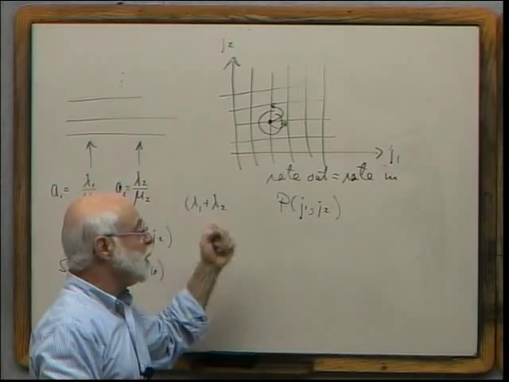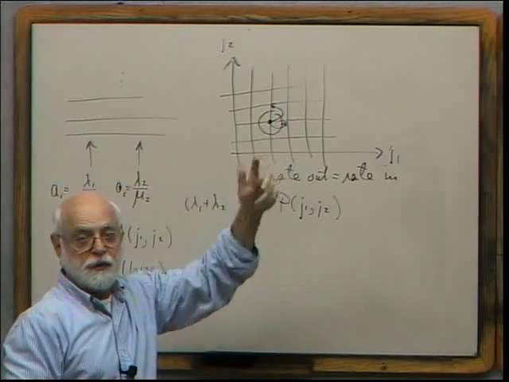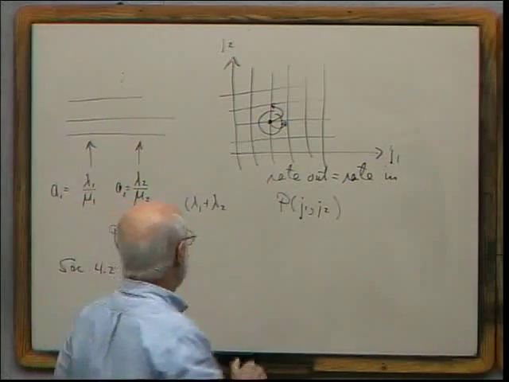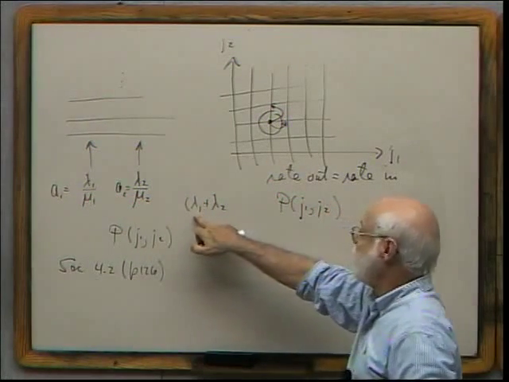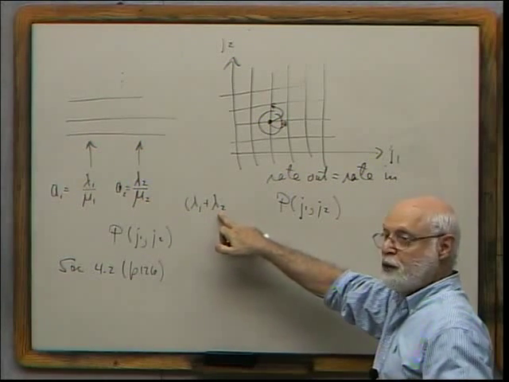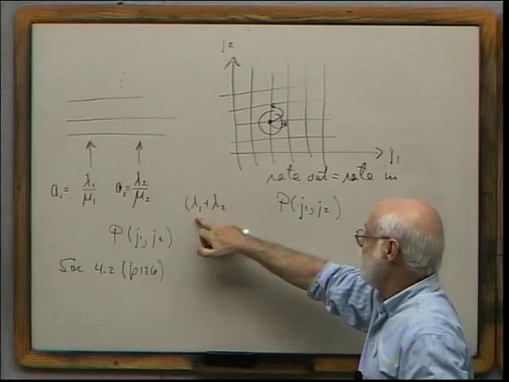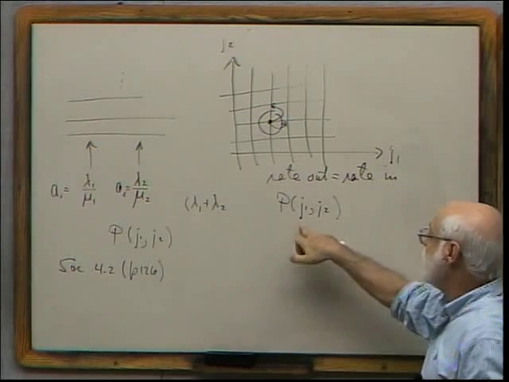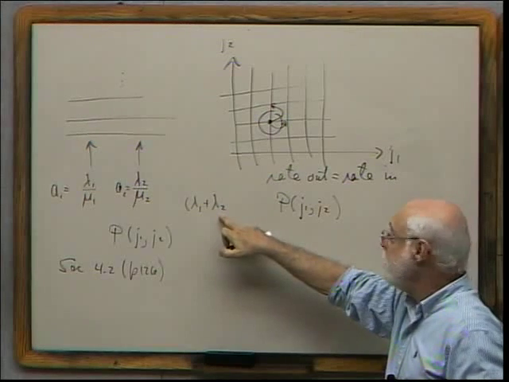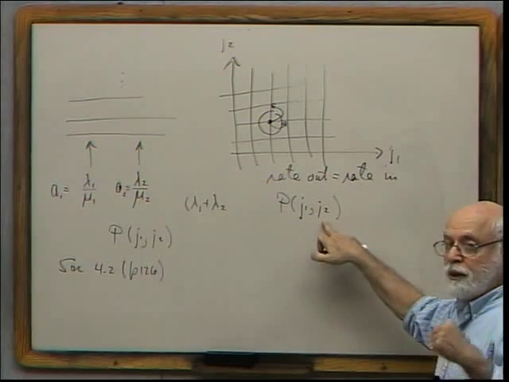So now I'm going to have the rate at which I go out a step. So this is the rate at which customers from stream 1 arrive. This is the rate at which customers from stream 2 arrive. And of course, a customer from stream 1 arriving will make J1 be J1 plus 1. A customer from stream 2 arriving will make J2 go to J2 plus 1. Likewise, I could have departures.